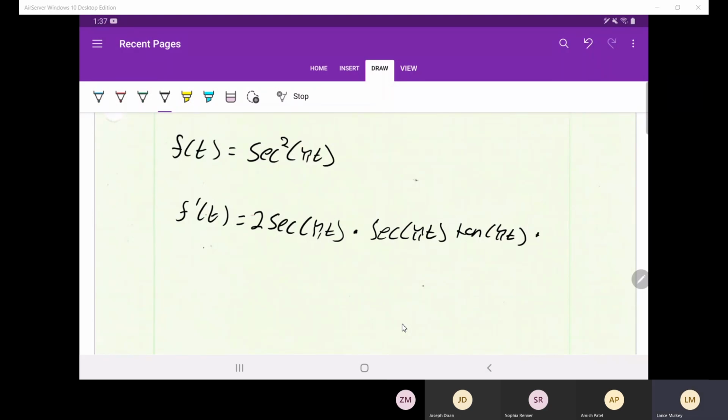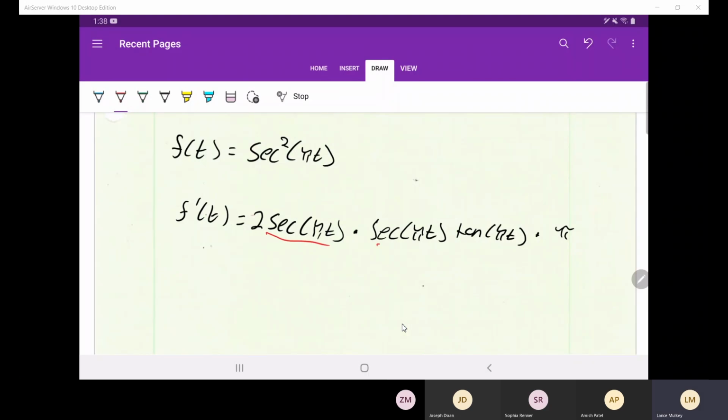All right, and what's the derivative of pi t? You got to take the derivative of the inside. You can't forget that. So what's the derivative of that? Yep. So this is all multiplied together.